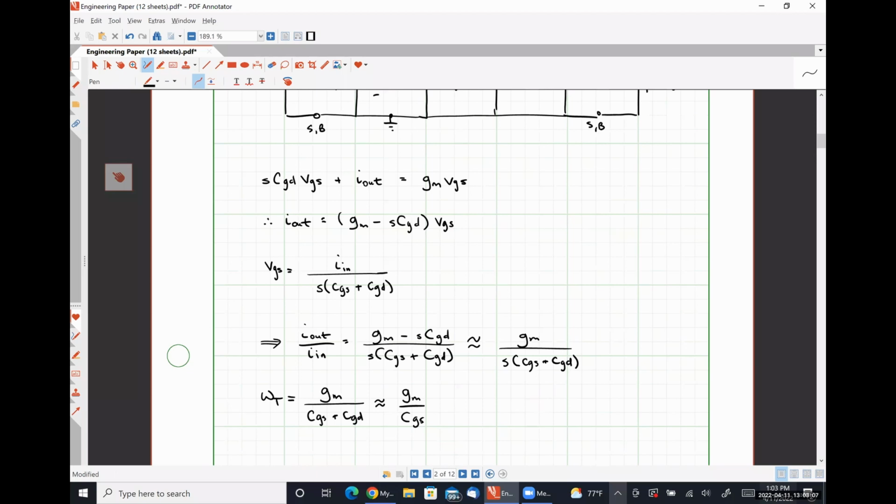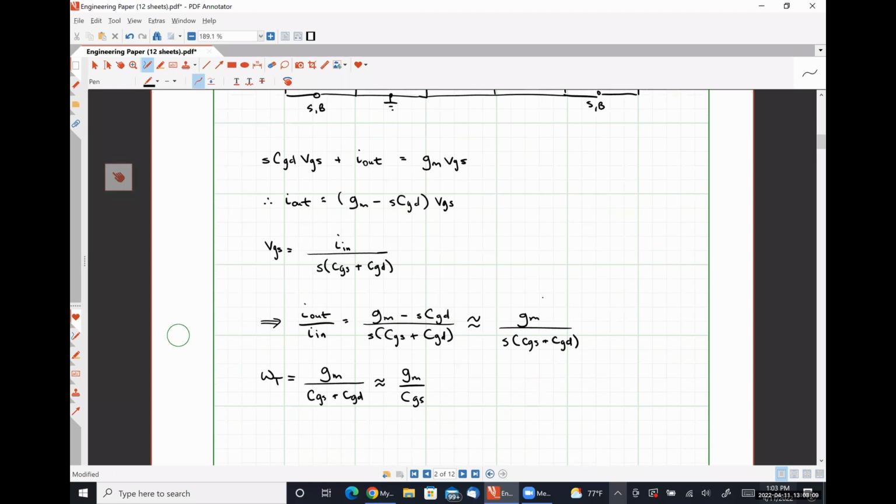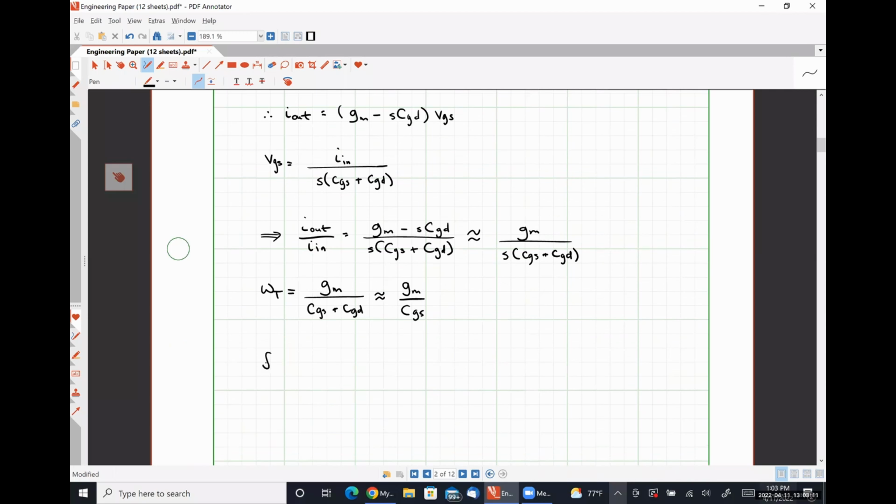From here, our transit frequency, or our ideal switching speed, whichever you want to call it, fT, is just gm over 2 pi times CGS plus CGD, or approximately gm over 2 pi CGS.